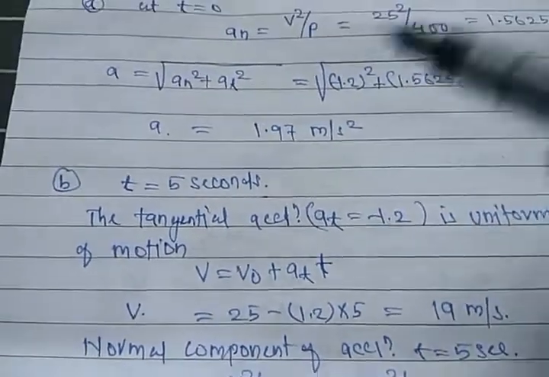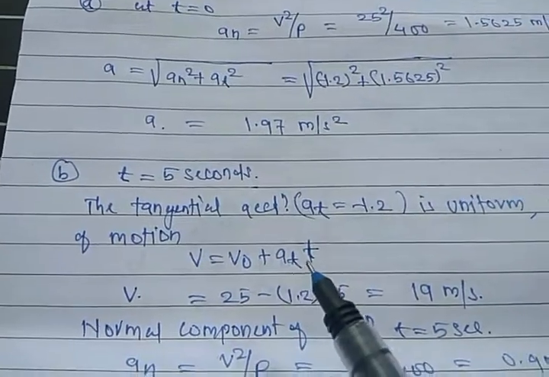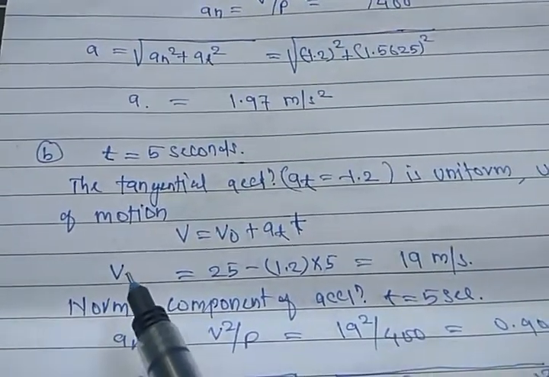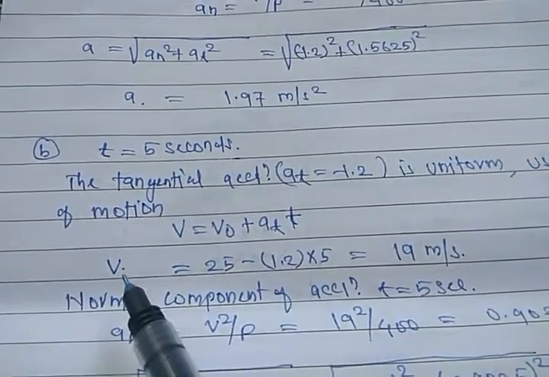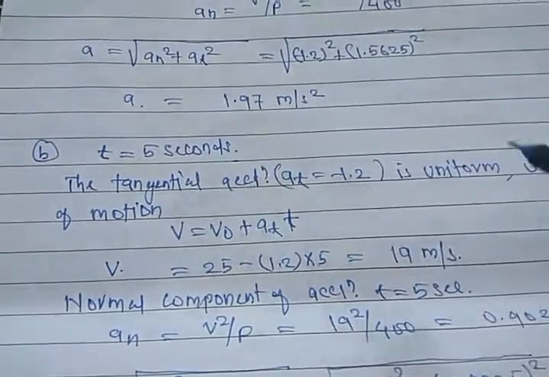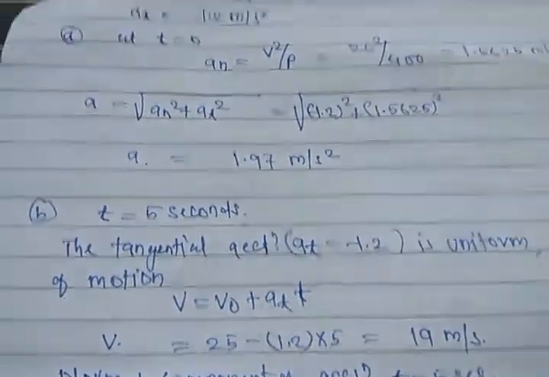So next, v is equals to u plus at, this equation we are using, so we will be finding final velocity. After 5 seconds, because this deceleration is a constant one, the velocity is 19 meter per second.